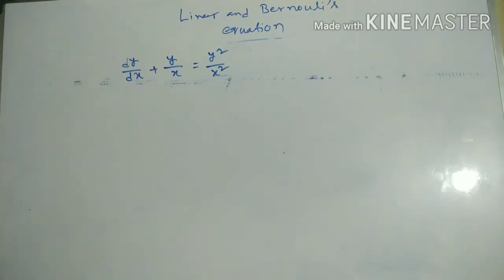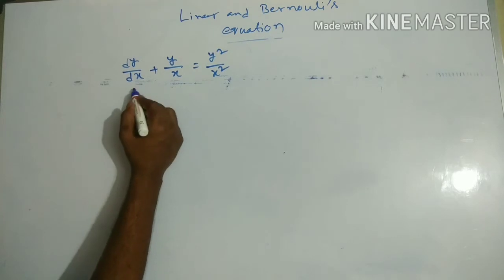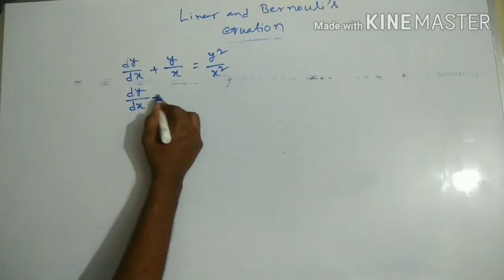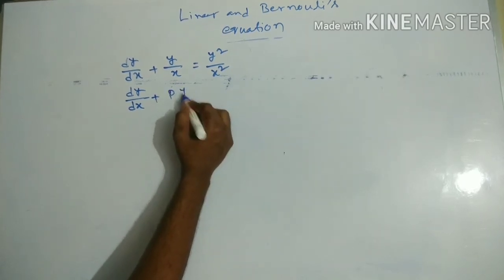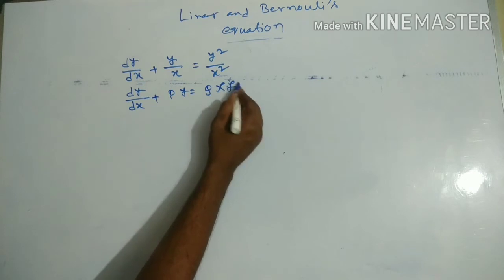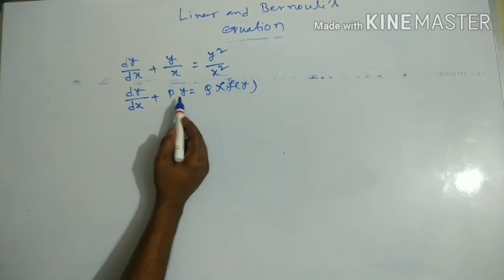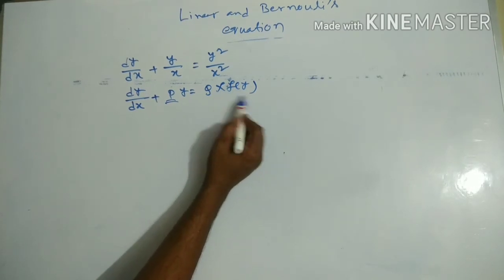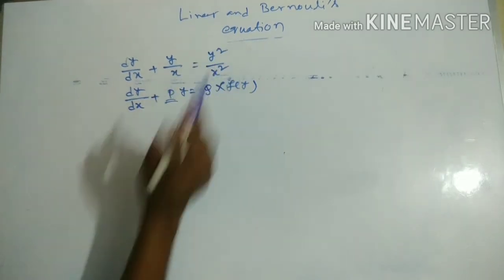Now see, this equation is a Bernoulli equation. Why? If we compare this with the general form, the general form was dy/dx + Py = Q times a function of y. Here P is 1/x and the function of y is y squared.